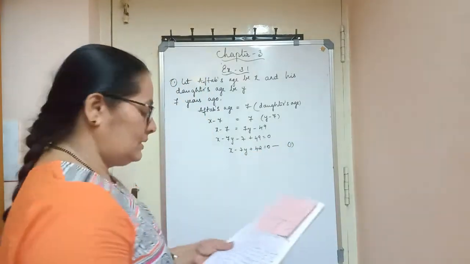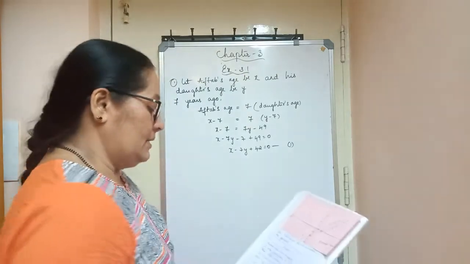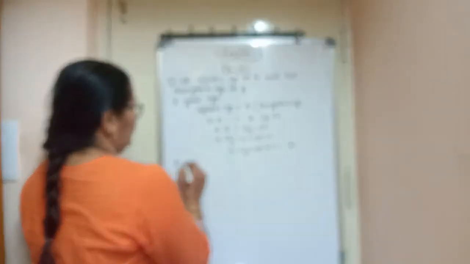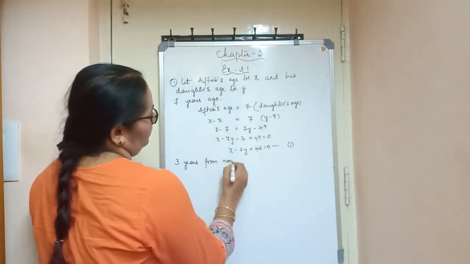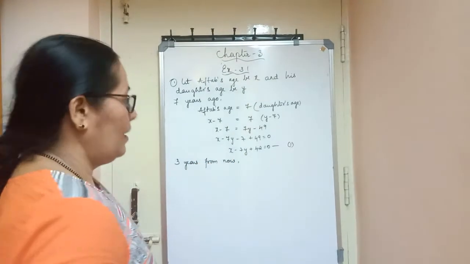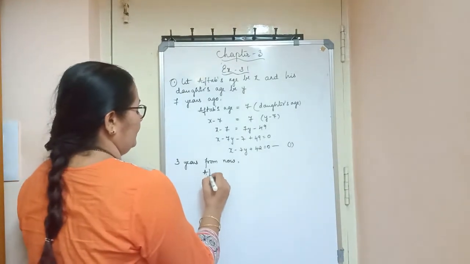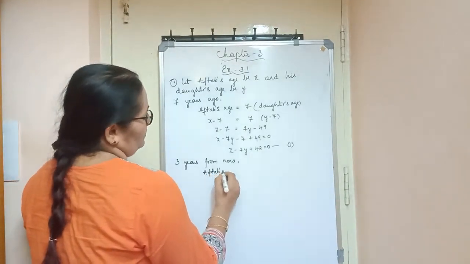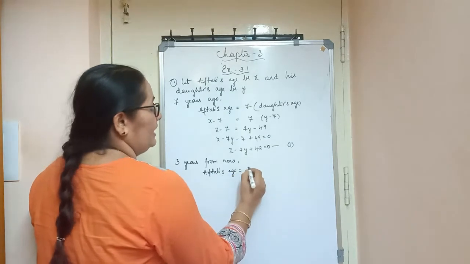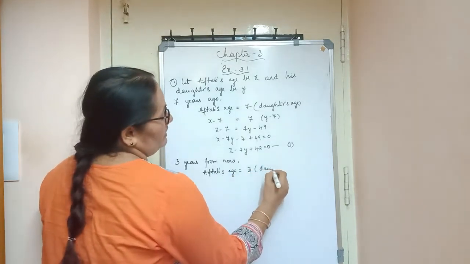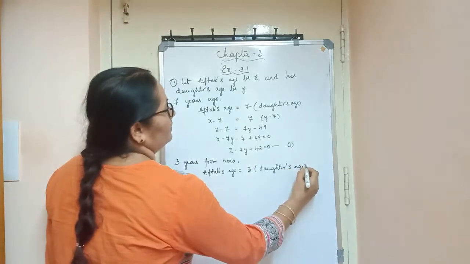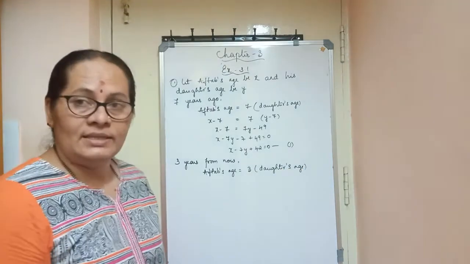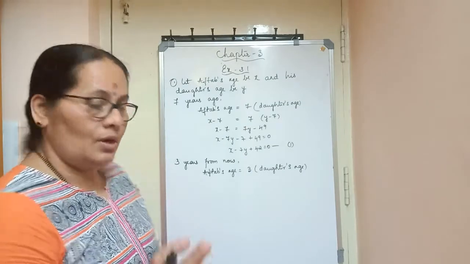Second situation is 3 years from now. 3 years from now, Aftab's age is 3 times his daughter's age.